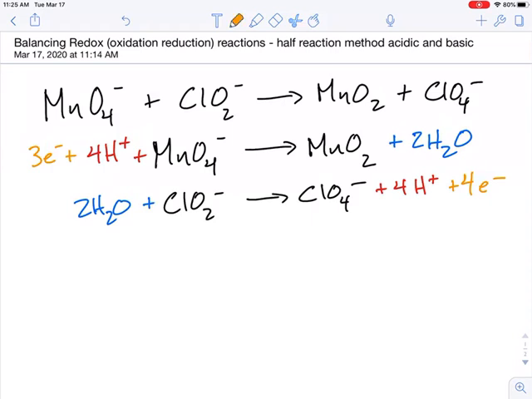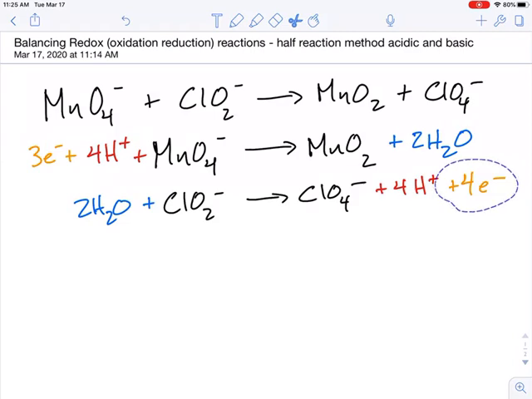Now, similar to the oxidation number method, what we need to do is make the electrons that are being gained, which is 3, equal to the electrons that are lost. So similarly, we have to use a least common multiple like we did in the oxidation number method.